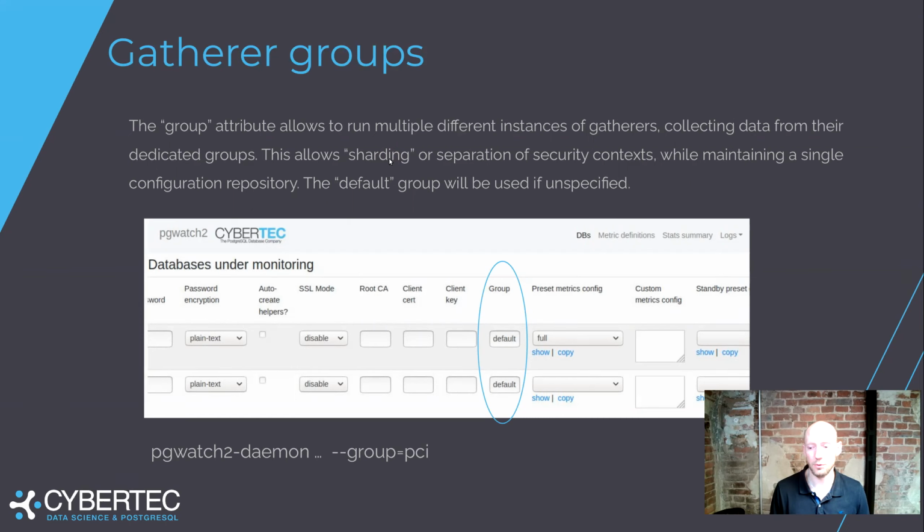In case you're having like 2,000 databases to monitor, maybe for load sharing reasons, and to reduce some risks, so that when one monitor falls over you don't lose all the metrics. There's a parameter called group. By default, we monitor everything from the default group.